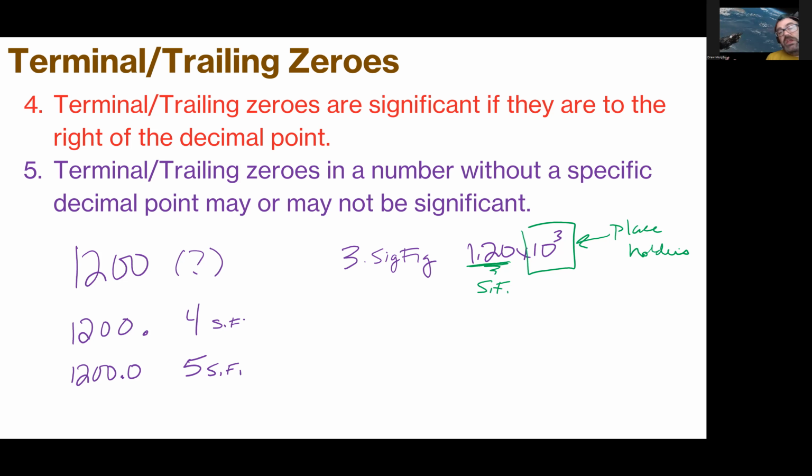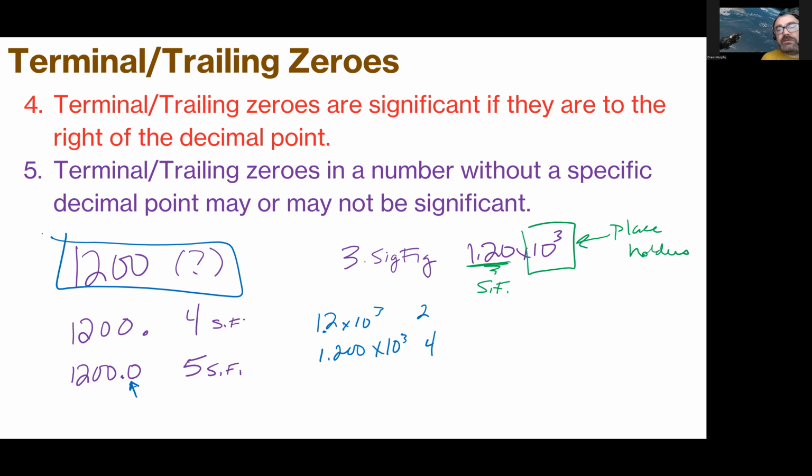Of course, we could put the other versions into scientific notation. We could have 1.2 times 10 to the third, or 1.200 times 10 to the third. This would be 2 significant figures, and this would be 4 significant figures. We can't really add this 0 here because it's not in our original piece of information, so 5 significant figures is kind of off the table there.